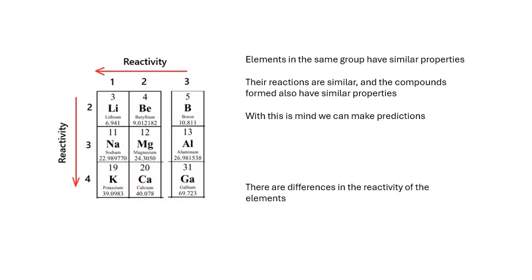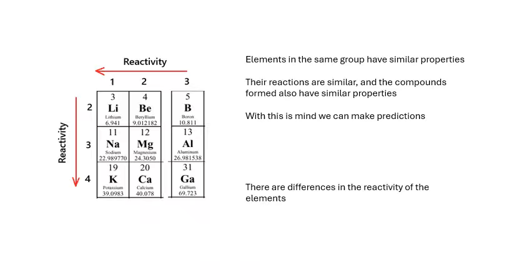So that means that sodium, magnesium and aluminium, and then if we looked at potassium, calcium and gallium, we would predict that they would behave in a very similar way. So lithium would be very similar to sodium, sodium would be very similar to potassium, and the compounds that you get would have similar properties as well. So lithium chloride and sodium chloride and potassium chloride would be very, very similar.